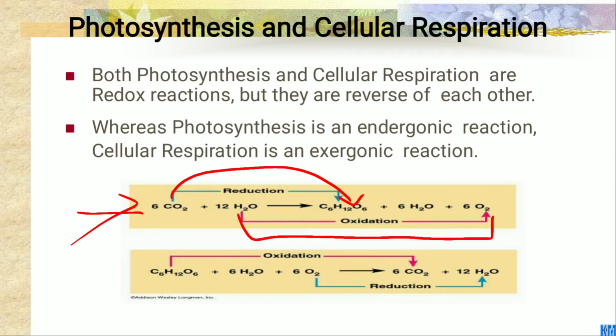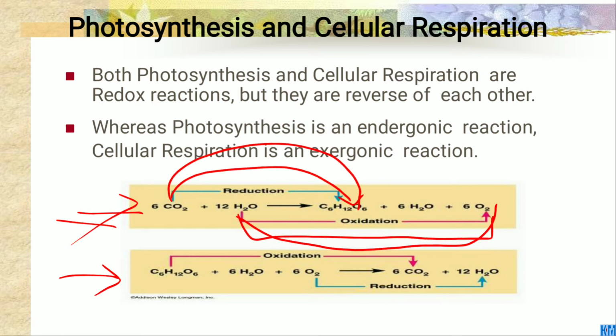This is a reduction, the formation of glucose, and the oxidation is the release of oxygen. In the next reaction we see, this reaction happens in light, and this reaction happens at night.